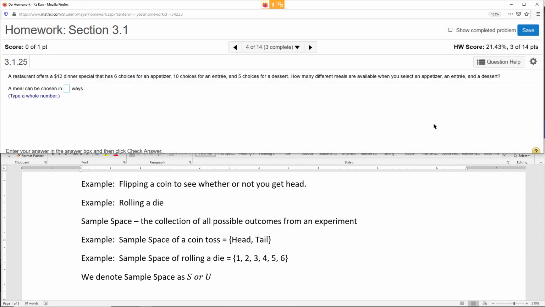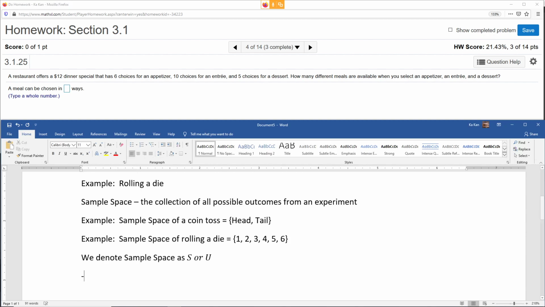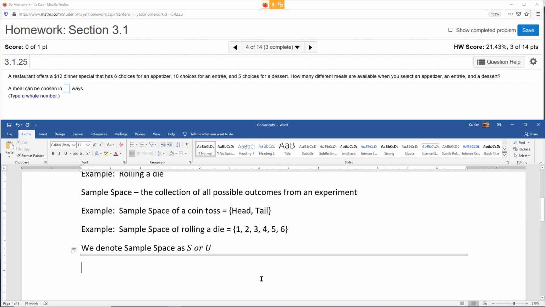So it's not too difficult. Now here's the thing. Let's talk about another type of question, where you have different choices for different items within the same combination.